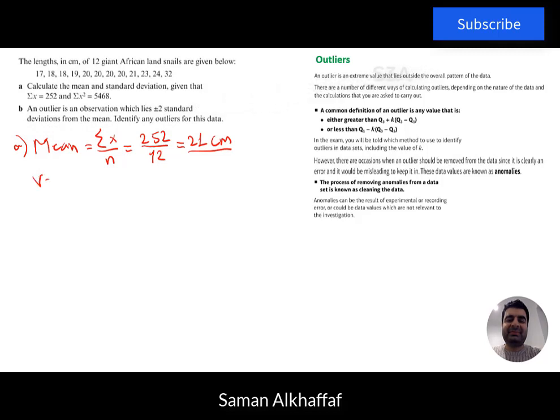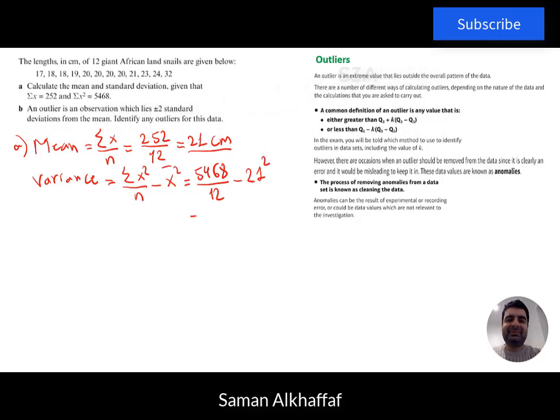Now for us to find the variance, we would have the summation of x squared over n, taken away the mean squared. So in this scenario, we would have 5468 divided by n, in this scenario 12, taken away 21, which is the mean value that we found, squared.